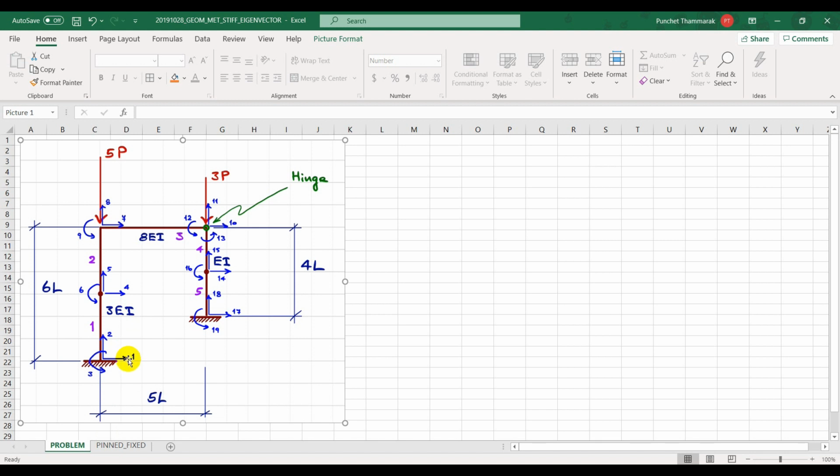So we're gonna keep 1, 3, 4, 6, 7, 9. The 7 and 10 will be the same if the members are axially rigid, so you will not expect any relative deformation and displacement between 7 and 10. So you keep just 7. 11 will be useless.